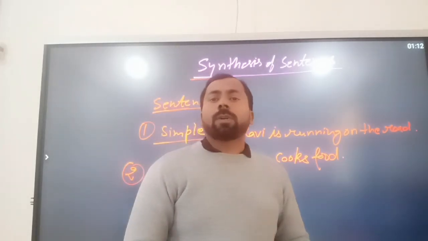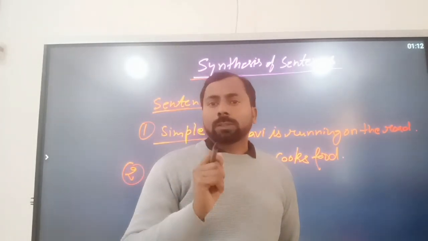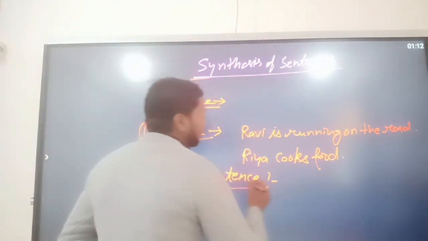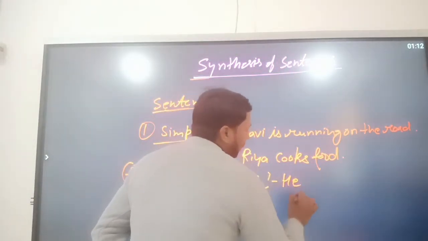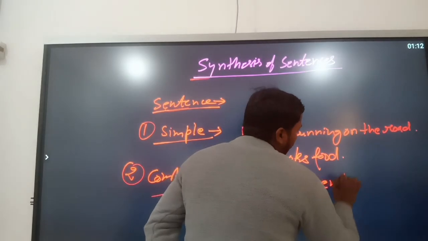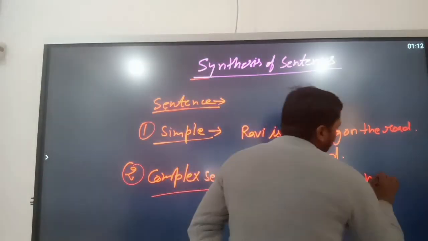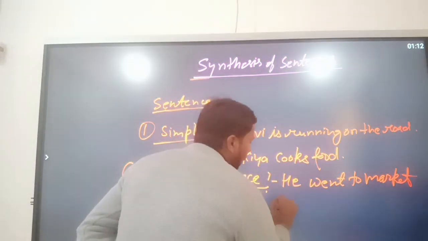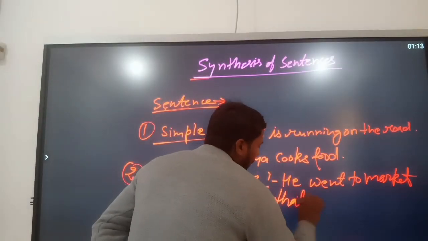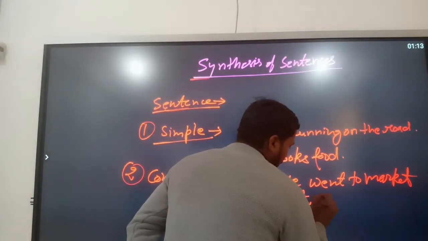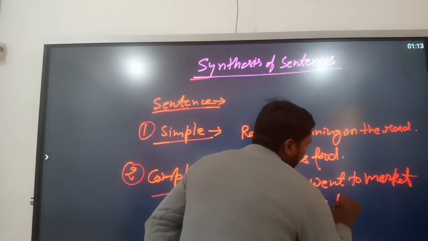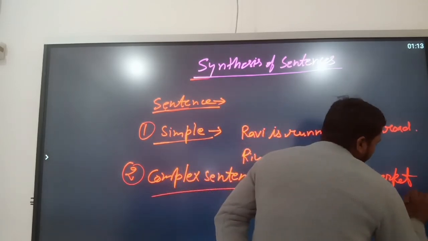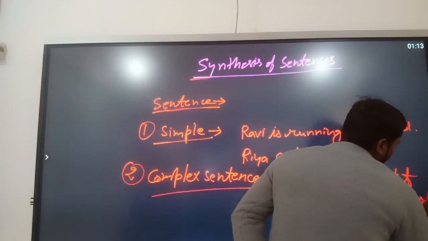What kind of conjunction word? It is combined with a subordinating conjunction word. I give a single example: he went to market that he brought a book.